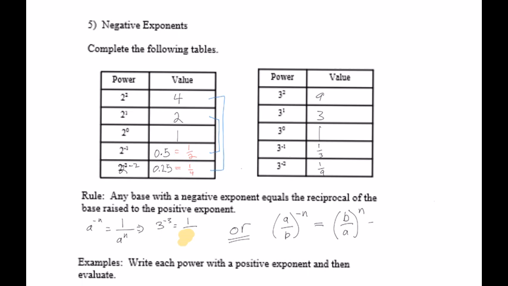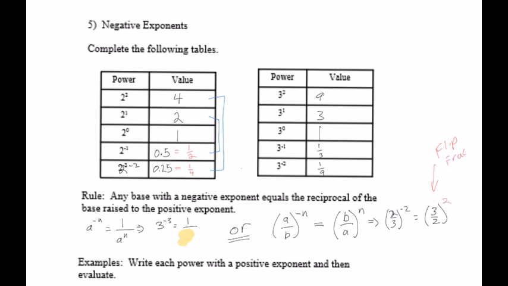So for example, let's say 2/3 raised to the negative 2. What we're going to do is rewrite this as 3/2. So essentially, we flip the fraction, and then the exponent, instead of being negative 2, becomes positive 2.